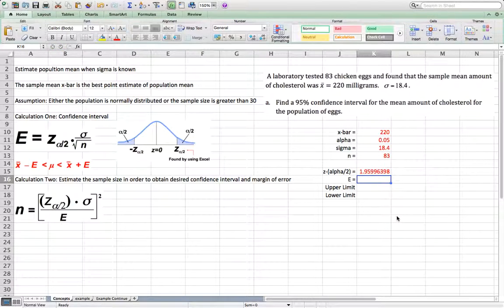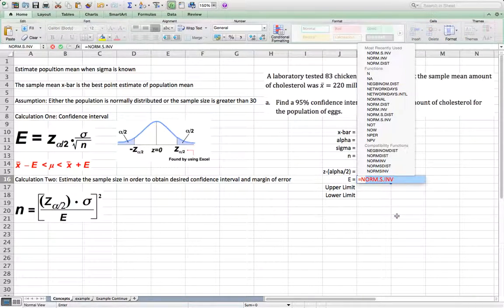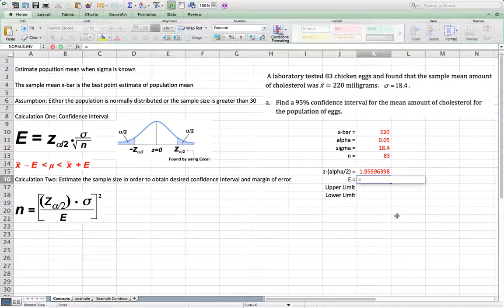Then we calculate E, the margin of error, which equals z alpha over 2, which is in K15, multiplied by sigma, which is in K12, then divided by the square root of n, which is in K13. Okay, use this to calculate E.